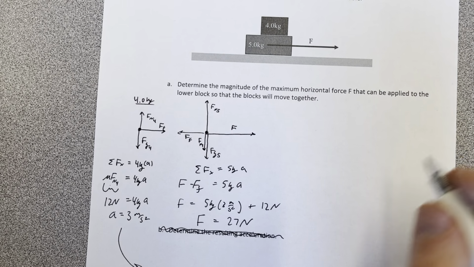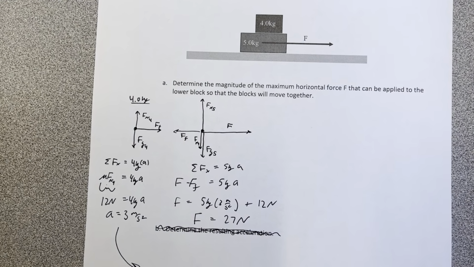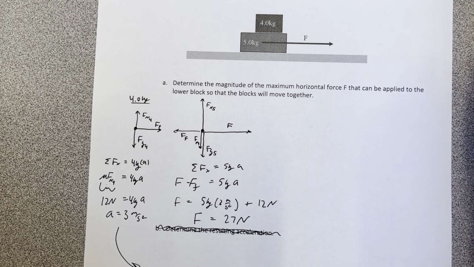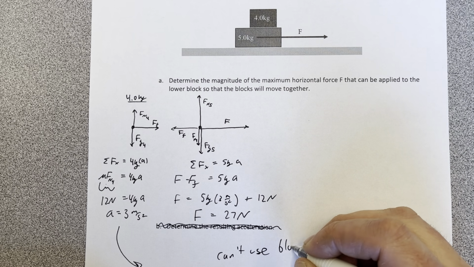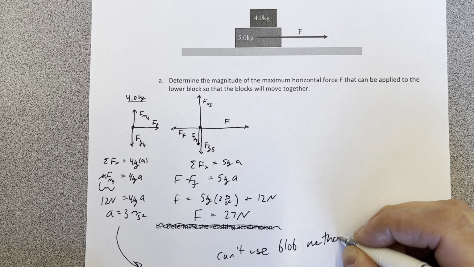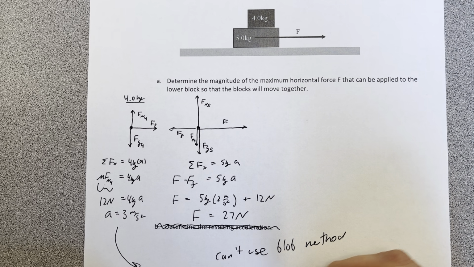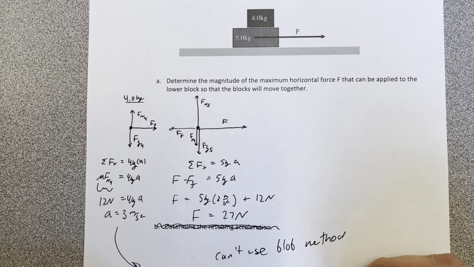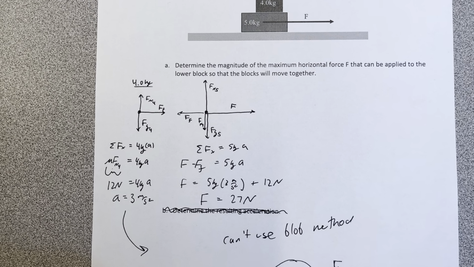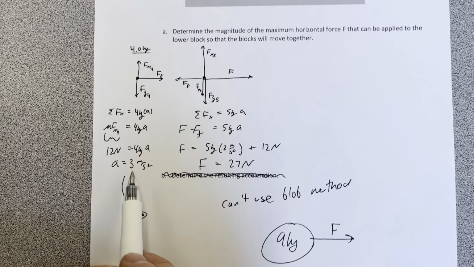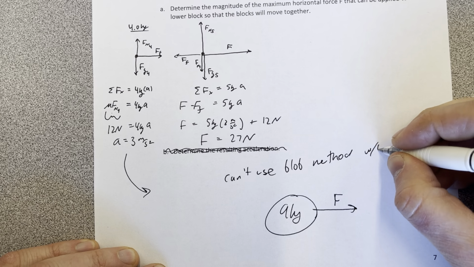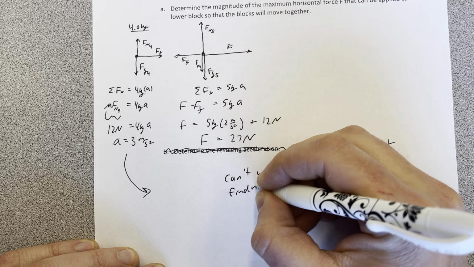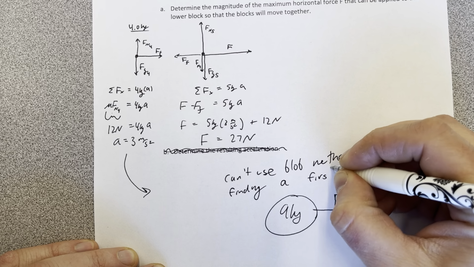Now, I had some students say, well, why can't you just use the blob method? Well, the problem here is if you use the blob method, and you say, all right, say this is all just 9 kilograms being pulled by some force, I still would have to find the acceleration of the system first, right?